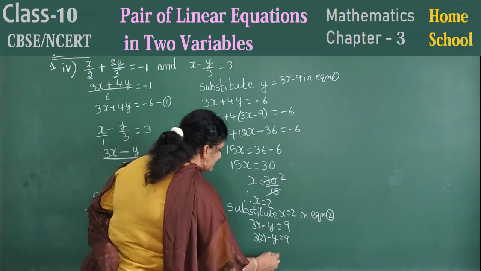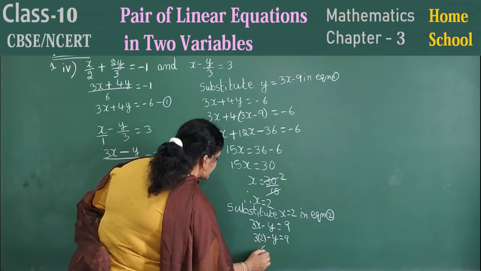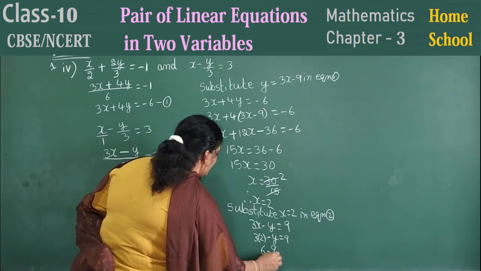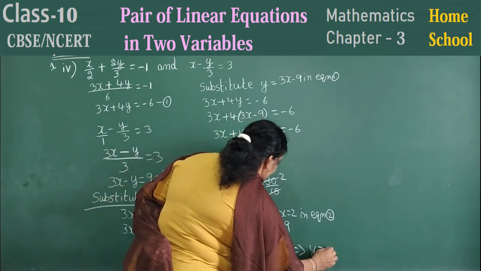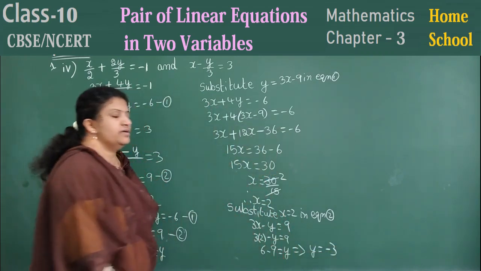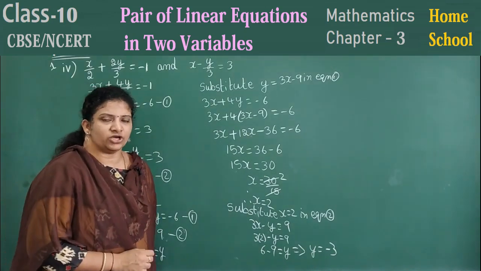Minus y sent to the other side. 3 2s are 6. 9 bring this side. That will be y = 6 - 9. That is minus 3 is your answer.